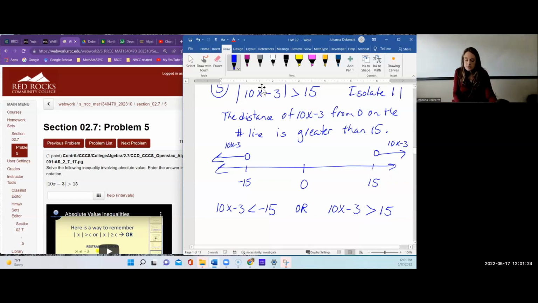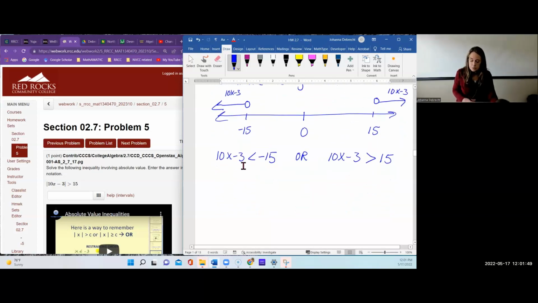When you have an absolute value greater than a number, you end up with a split situation where what's inside the isolated absolute value is less than the negative or greater than the positive. That's one way to interpret it. I like going through the symbols and the picture because the picture really makes it real for me and connects the ideas with the concepts.